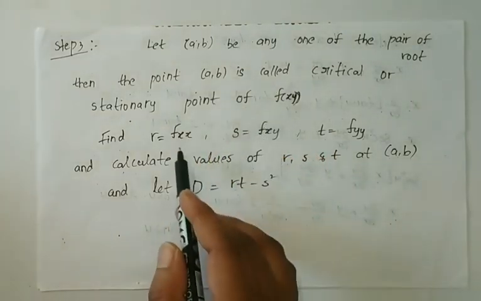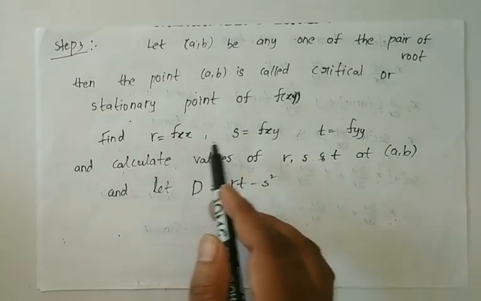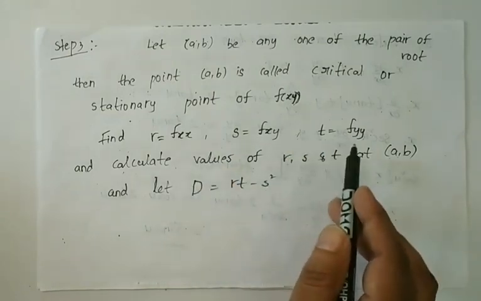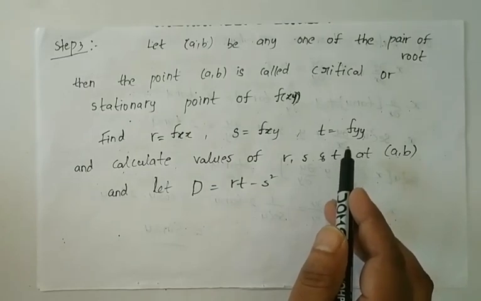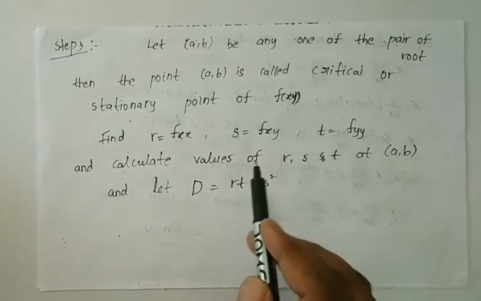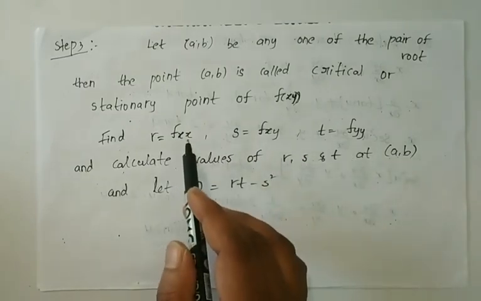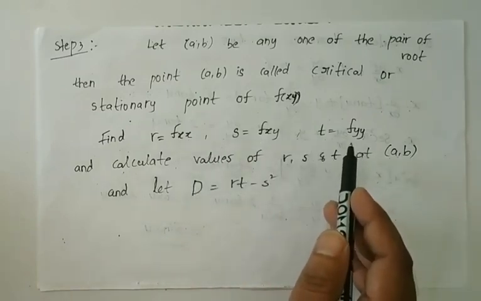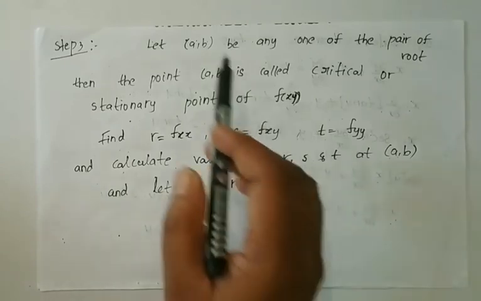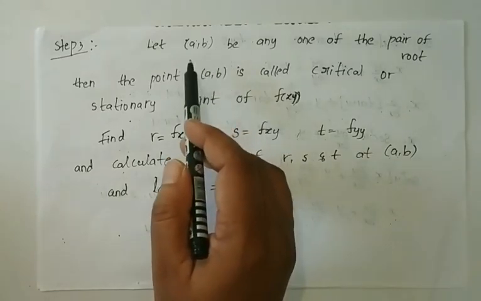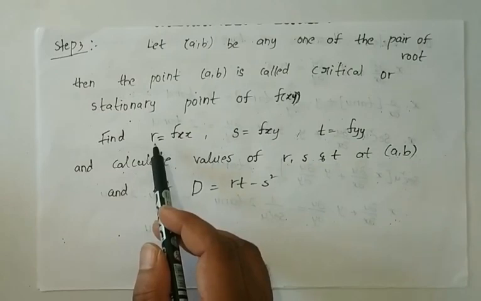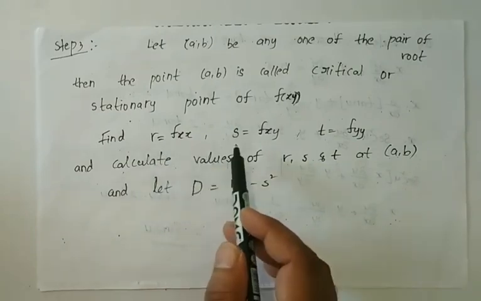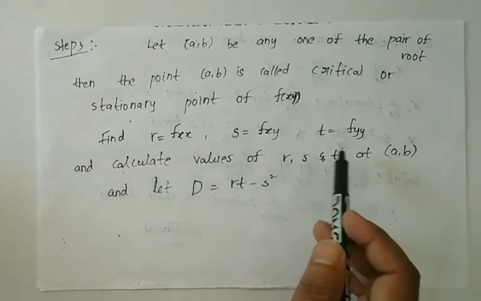we have to find fxx, fxy, and fyy at the point a comma b, and call them r, s, and t. Here r is nothing but fxx, s is nothing but fxy, and t is nothing but fyy.